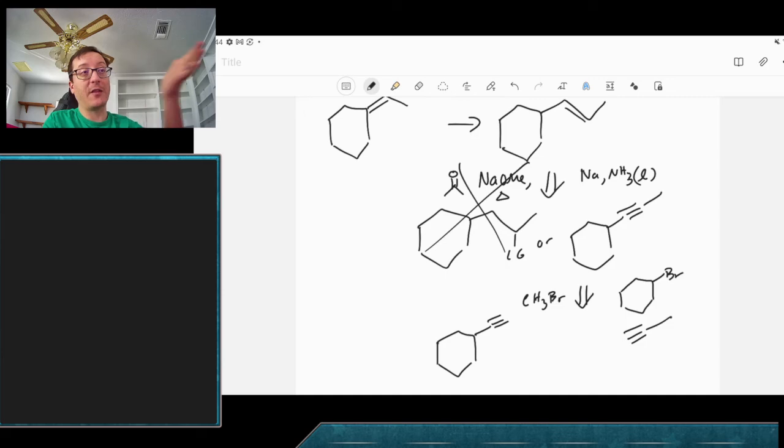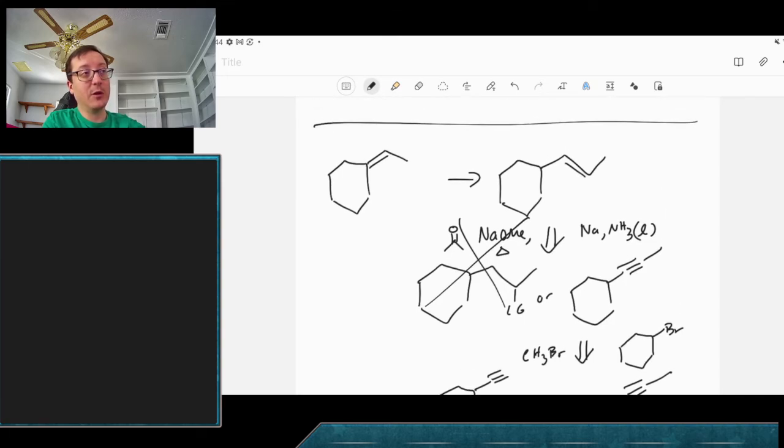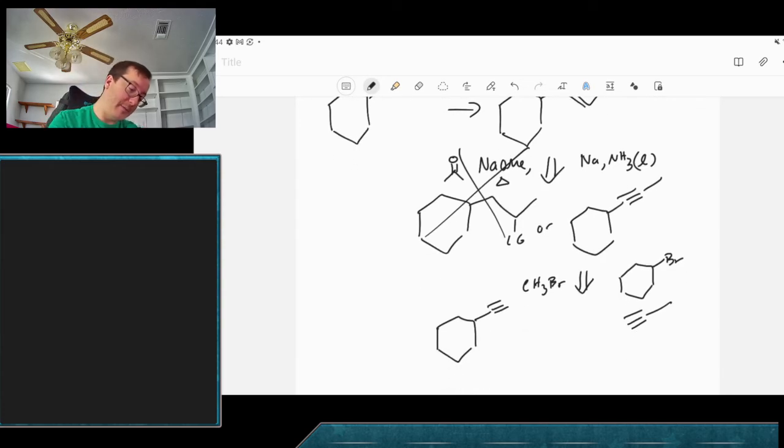We can break it on either side of the alkyne. We can either use cyclohexyl bromide and propyne, or we can use this alkyne that's on the cyclohexane, with a methyl bromide. And so, if we think back to our original molecule, which of these is closer? This has the same number of carbons, right?